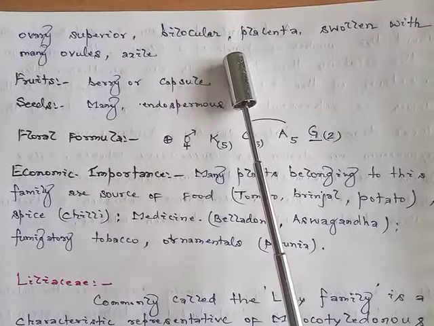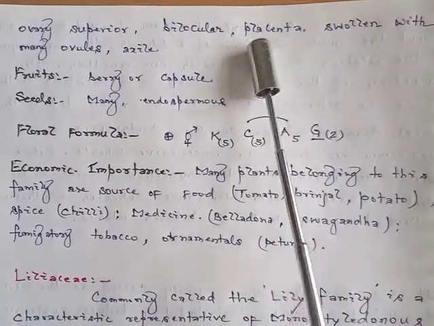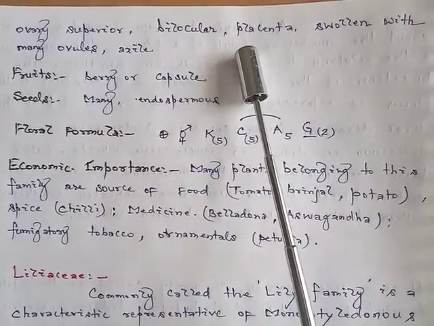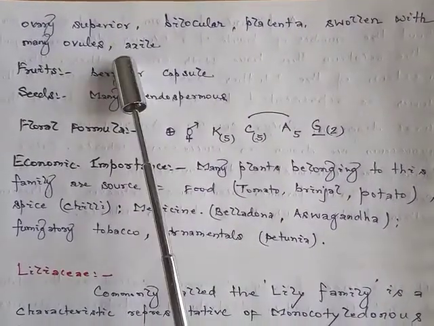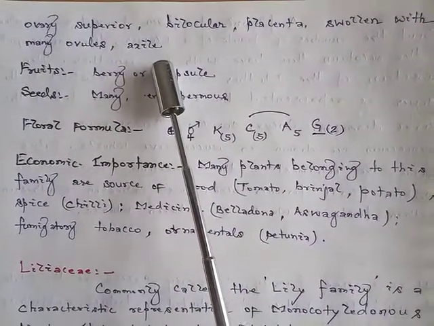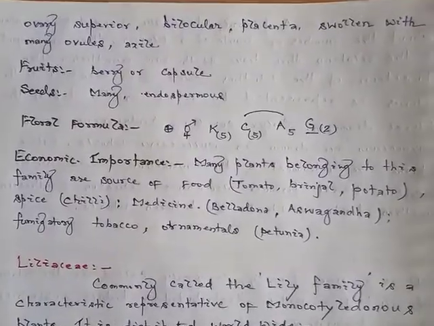The ovary is bilocular, meaning it has two locules, with a swollen placenta bearing many ovules and showing axile type of placentation.